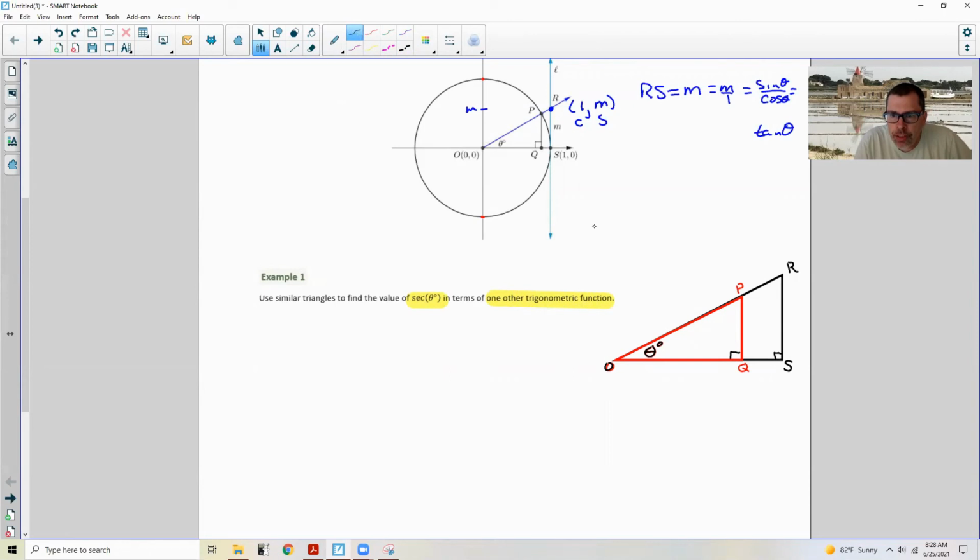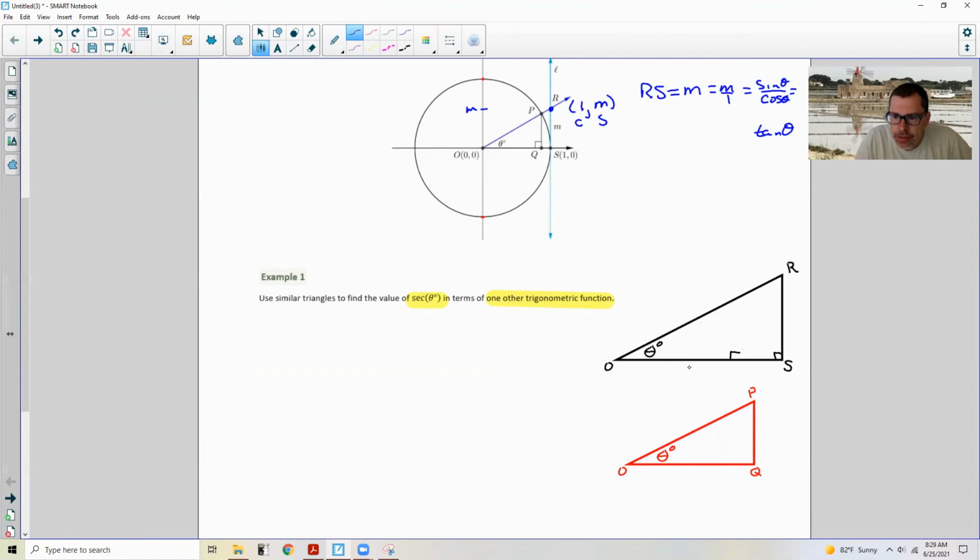OPQ is the red triangle and ORS is the black triangle. They're similar because they share theta, the central angle, and they have 90-degree angles here. Since we have angle-angle similarity, we know these two triangles are similar, so we can set up a proportion.